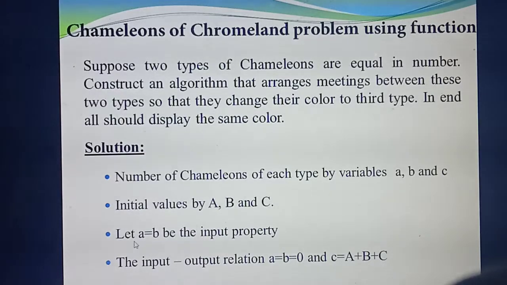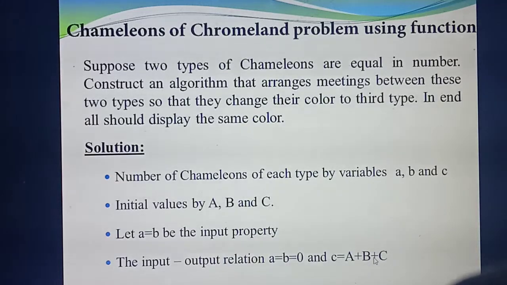Now what output do you need to get? Already in the question they said that at last all should be displayed in the same color. So see, A equals B equals 0. Maybe the initial value of A and B is equal to 0, then at last what value will you get? A, B and C need to be displayed in equal number, so you are going to add A plus B plus C.